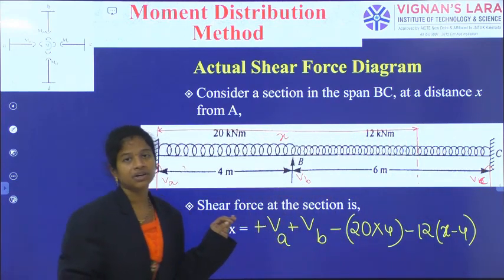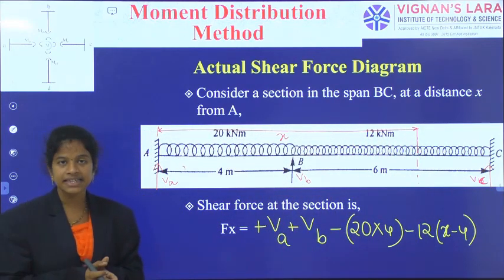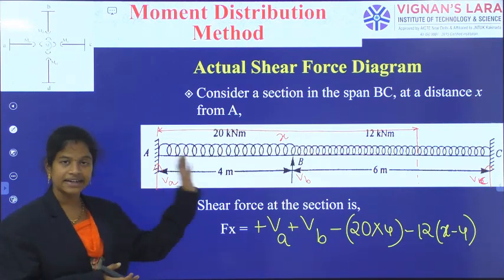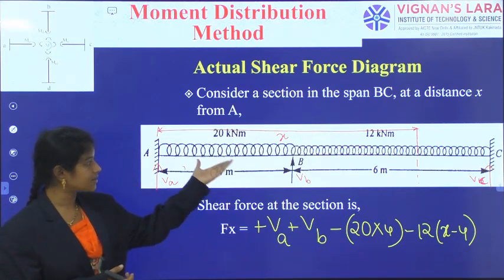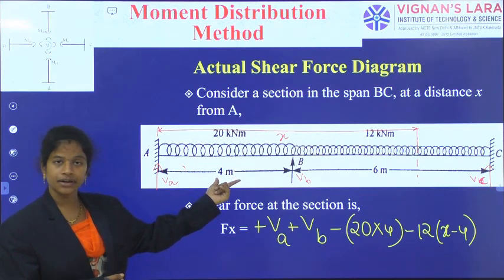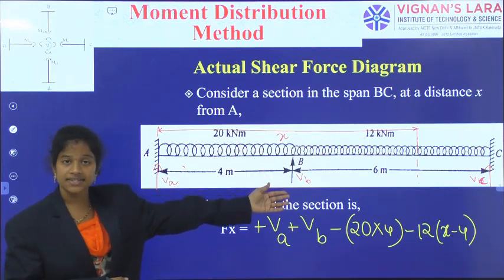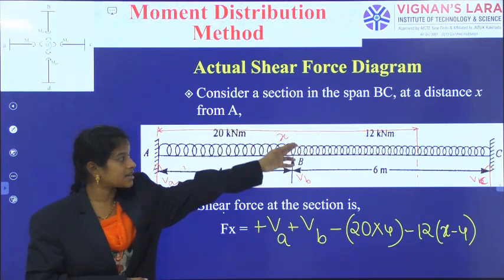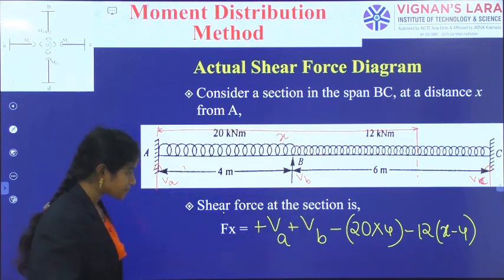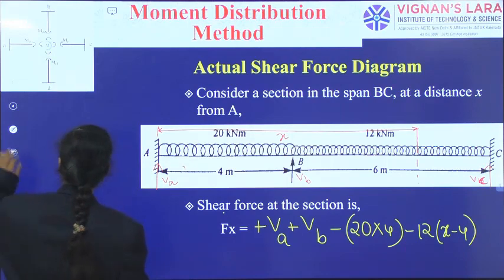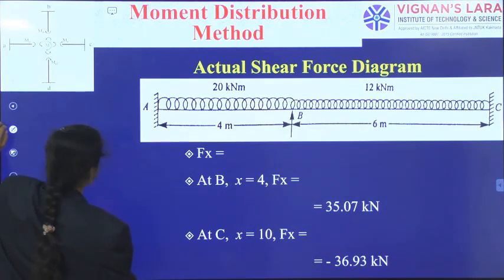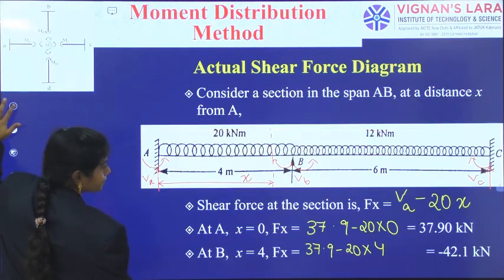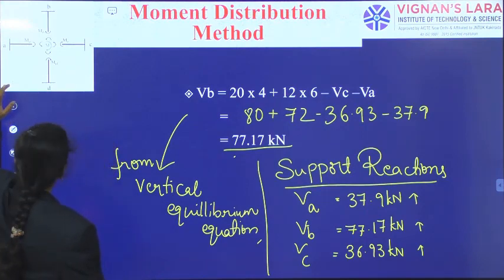Okay, so how much intensity is there? How much length is there? Without going blindly, you should observe what are the things there. On the left side, intensity and length is there. So what is the corresponding length? As it is 4 and it is x, the remaining length is x minus 4. And substituting that VA answer and VB answer, 37.9, 77.17.